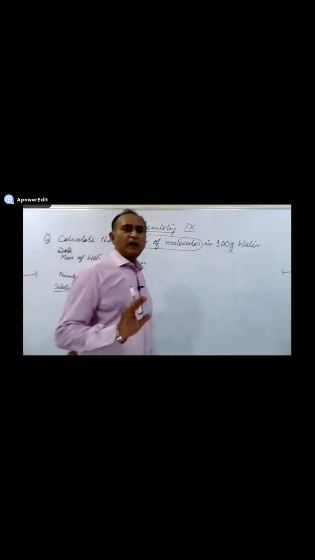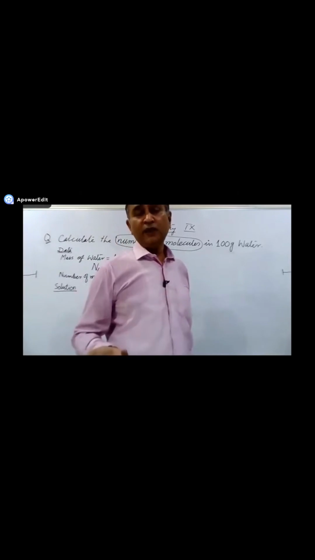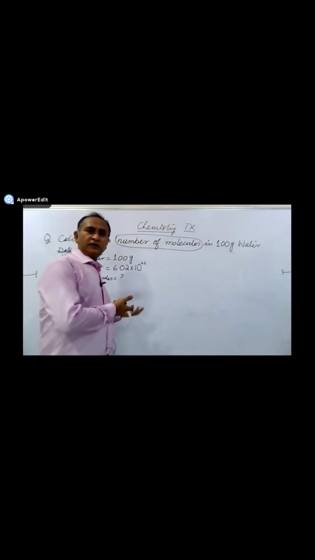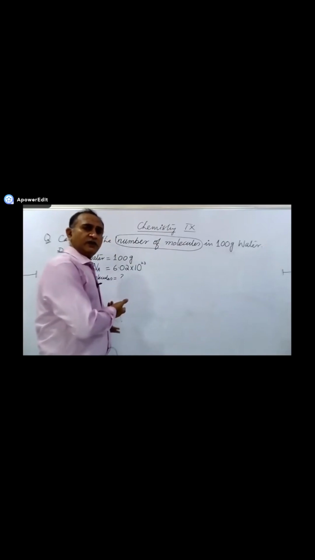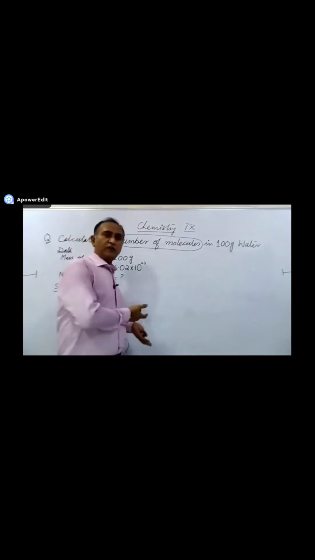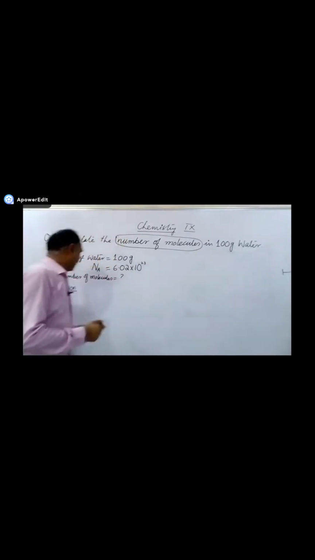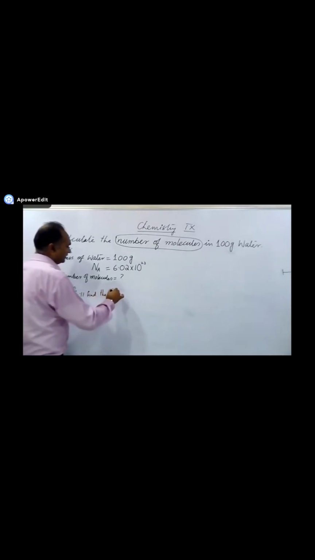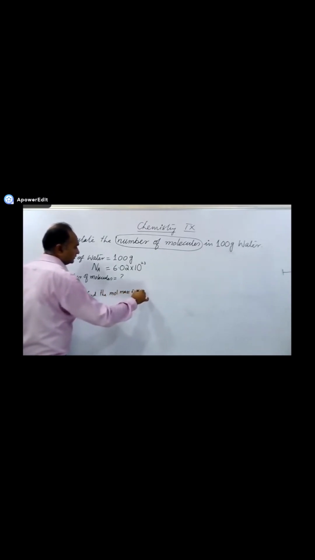Water is a compound or an element? It's a compound. So we have to show the working of molecular formula, molecular mass means first we'll find the molecular mass of water.